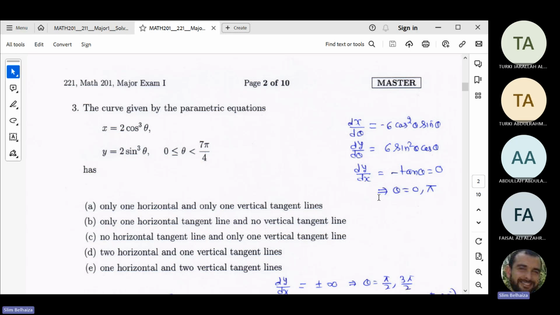Now, if we look at it, we have dy over dx equals 0 when theta equals 0 and when theta equals pi. Now, do we have two different horizontal tangent lines there or not?